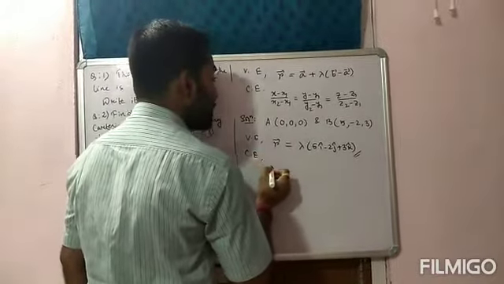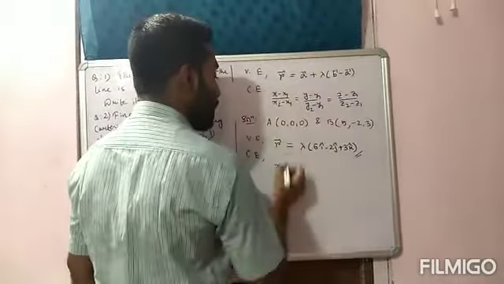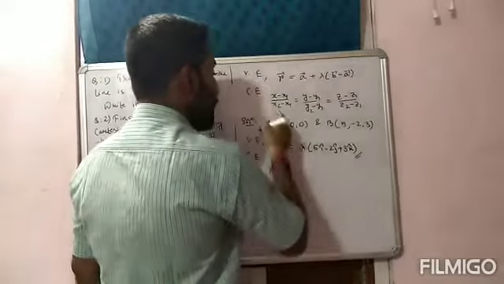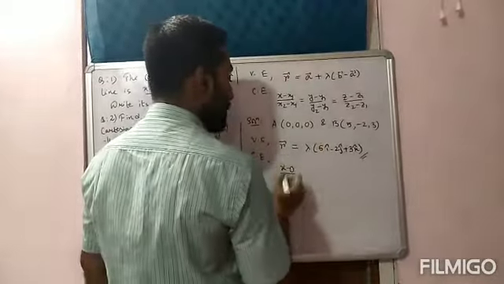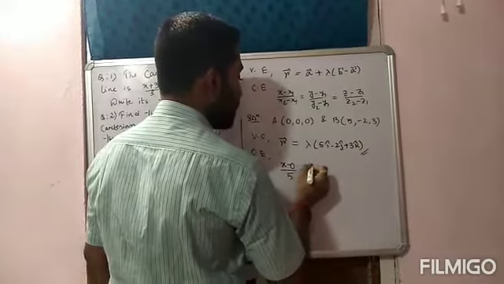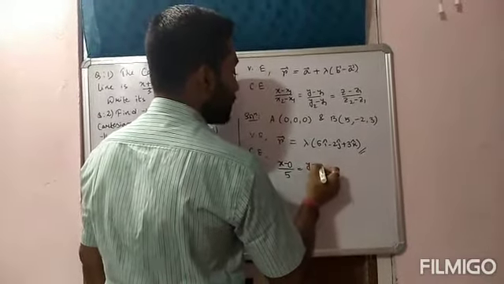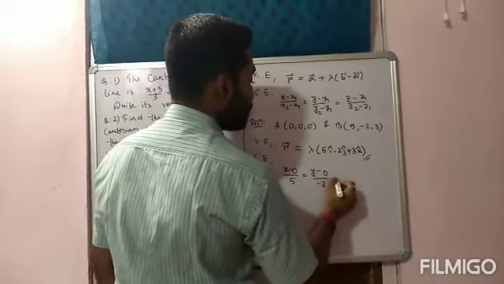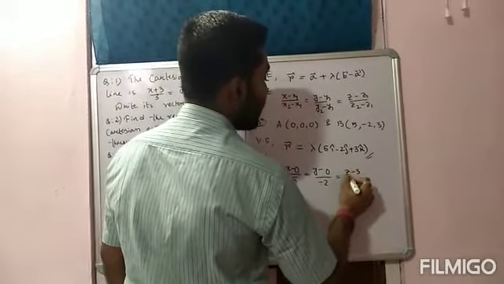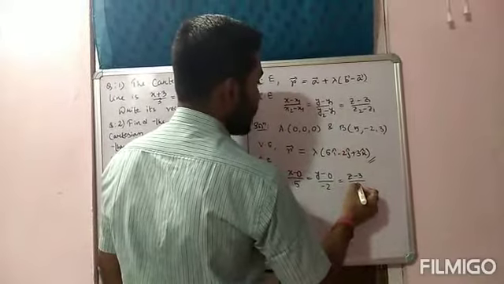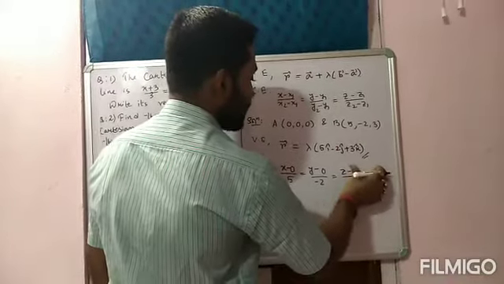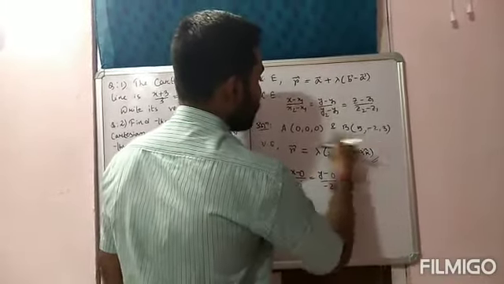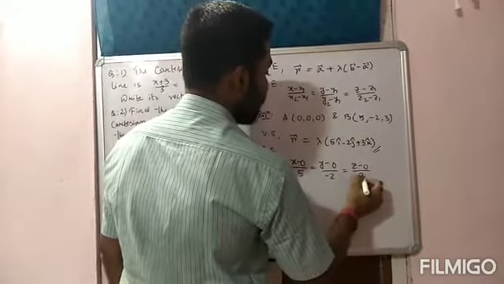Now the Cartesian equation is x minus x1, that means x minus 0, by x2 minus x1, 5 minus 0, that is 5. Y minus y1, y1 is also 0, by y2 minus y1, that is minus 2. Z minus z1, z1 is also 0, by z2 minus z1, which is 3.